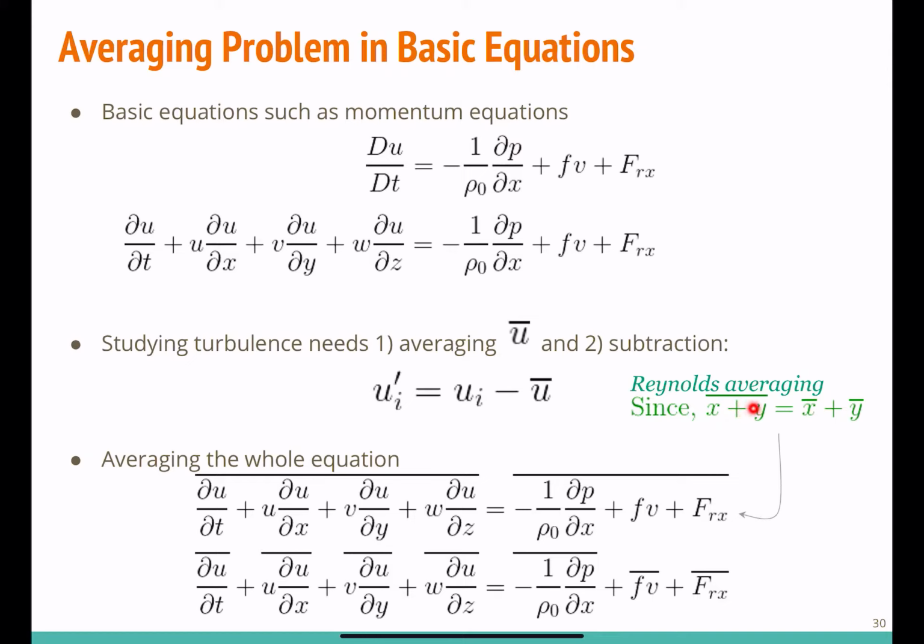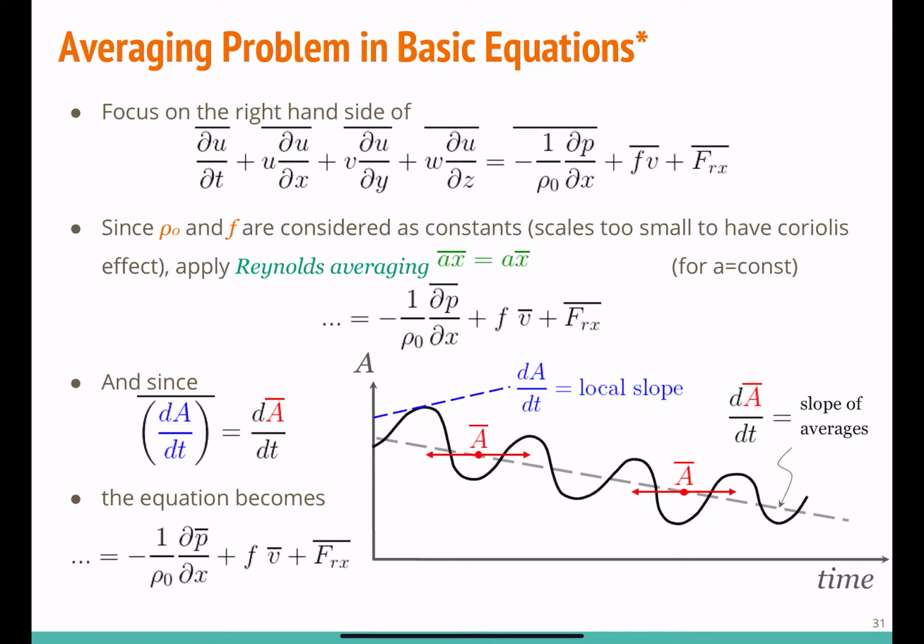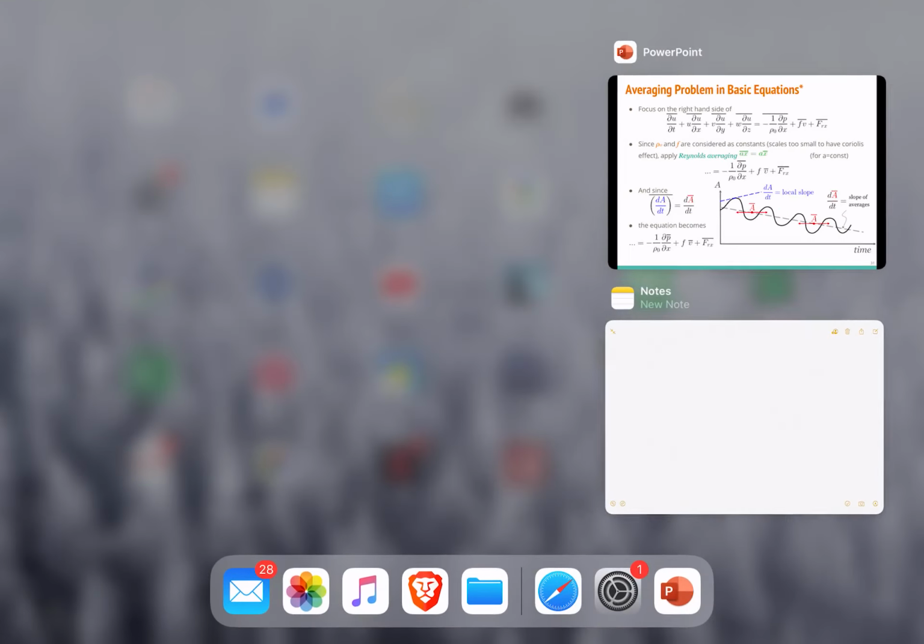So here is an example for the averaging rules. When we apply this averaging rule to this equation, we know that we can find out the individual averages for all the terms, and then that would still be equal to what we are doing in here. Okay, I think I can demonstrate that.